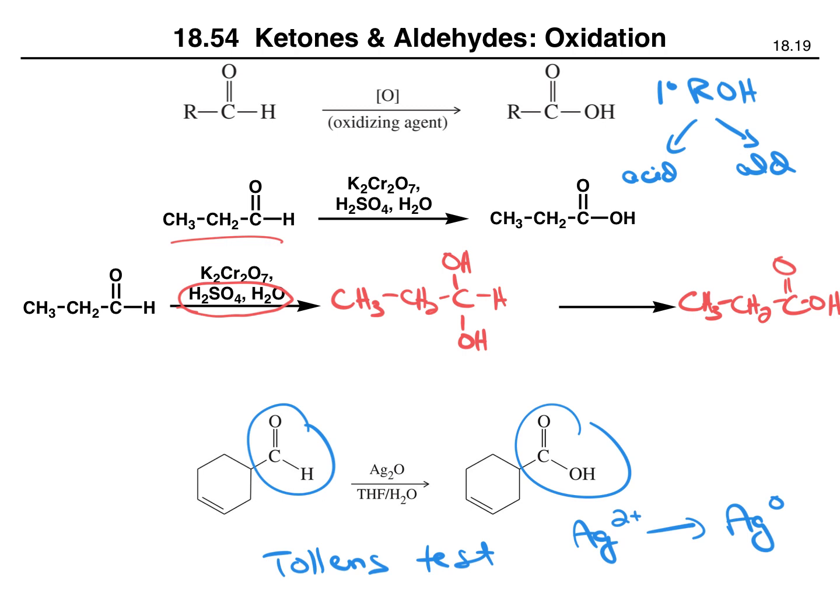And so this reaction leads to the formation of a silver layer on the glassware that's being used. So you basically are making a mirror, and the formation of that mirror means that the silver was reduced, which means you had an aldehyde that got oxidized.